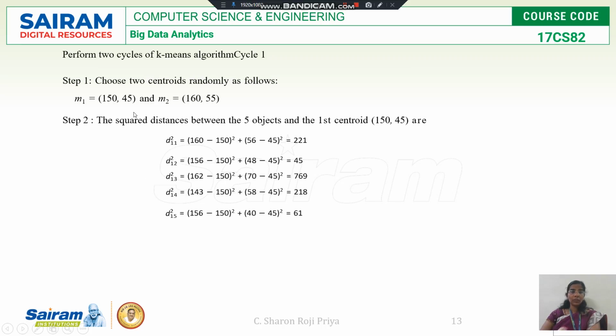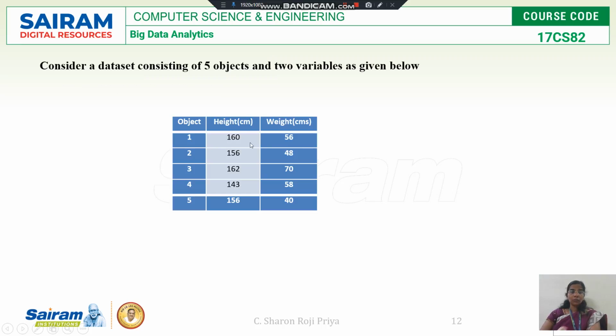You have to compare whether the first object is close to the first centroid or the second centroid. If it is close to the first centroid, the distance between the first object and the first centroid will be less. You have to calculate which centroid this object is close to.